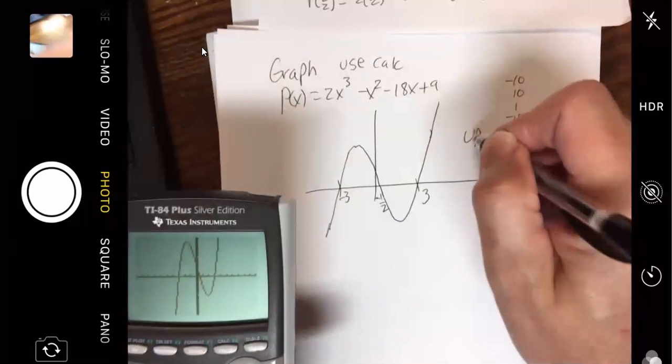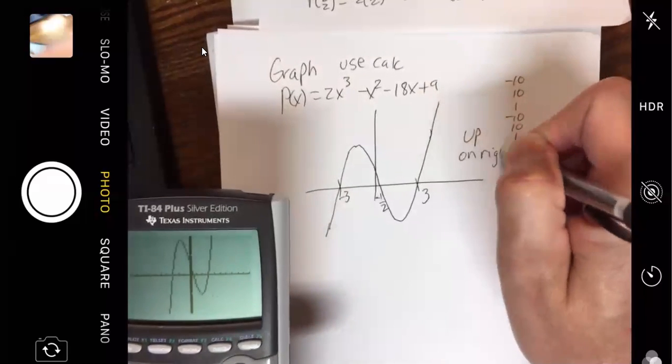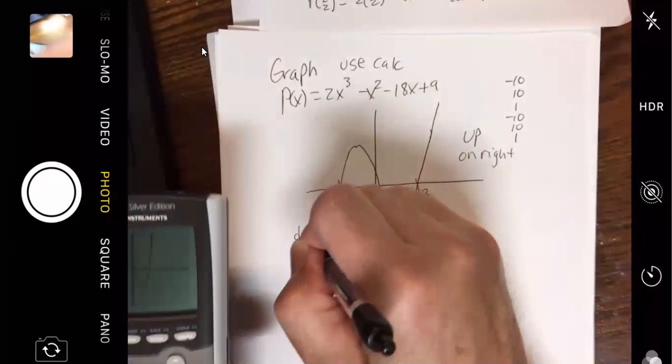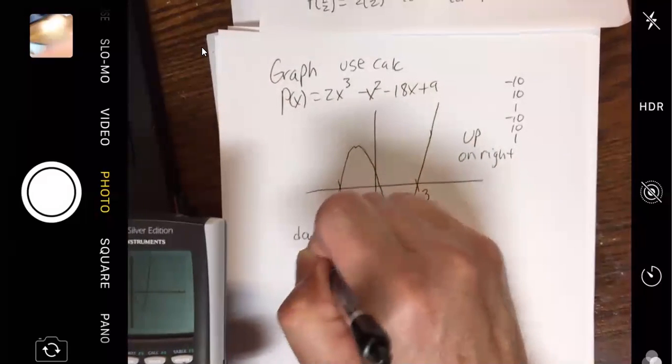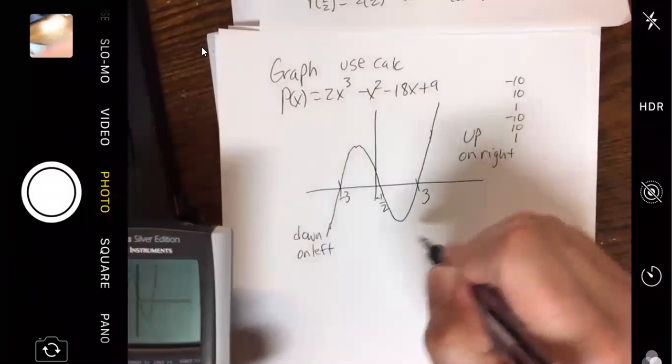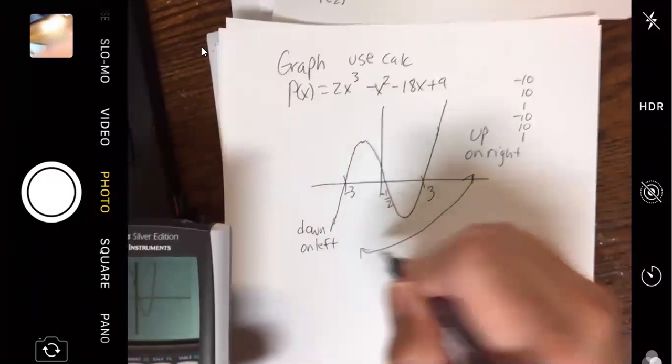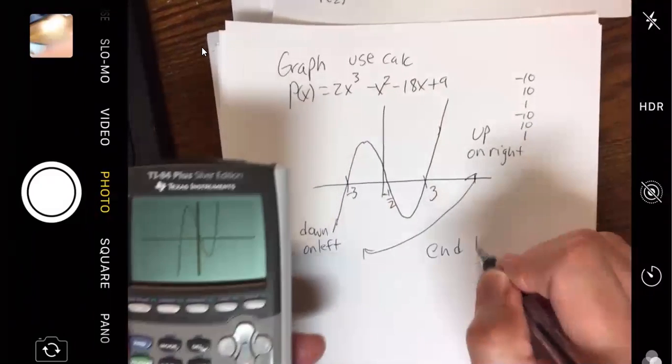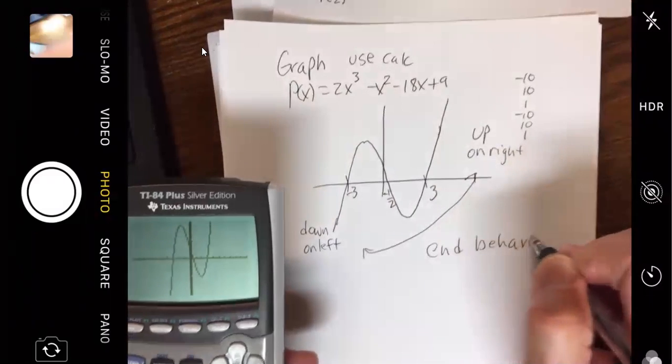This one's up on the right. This is called end behavior. Down on the left, that's called end behavior.